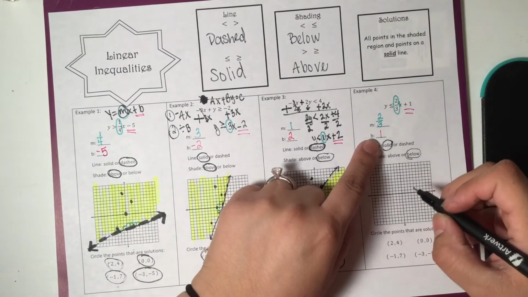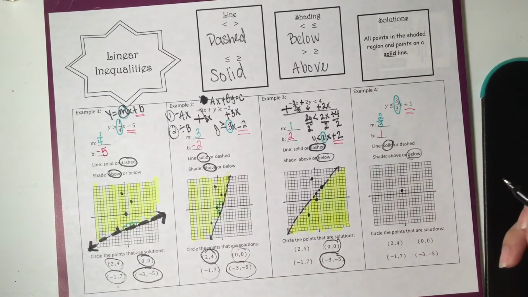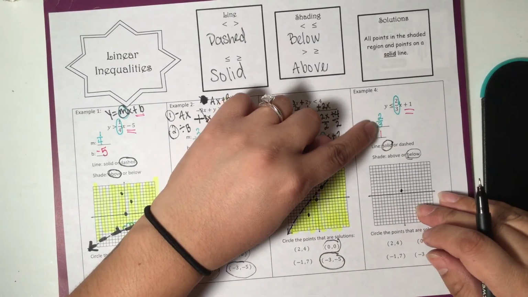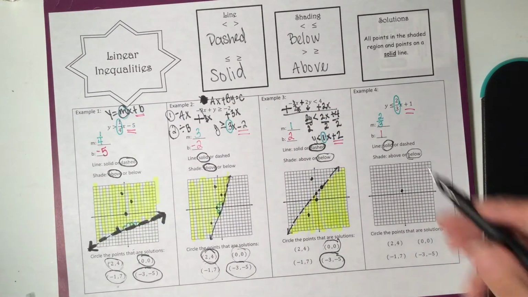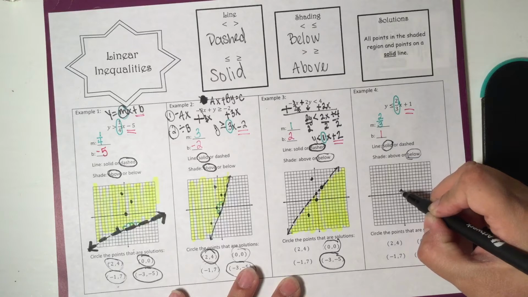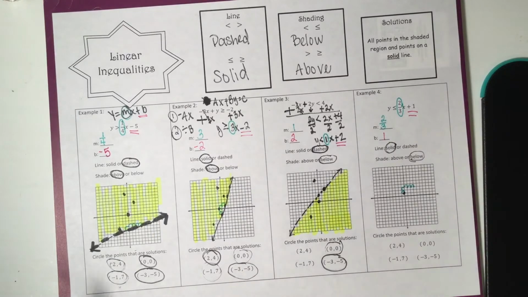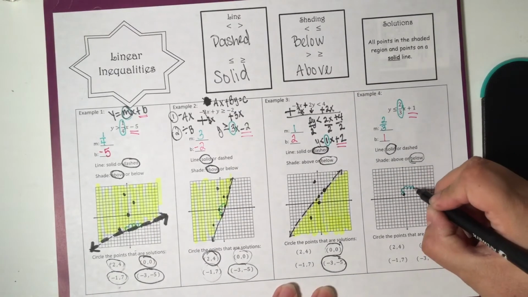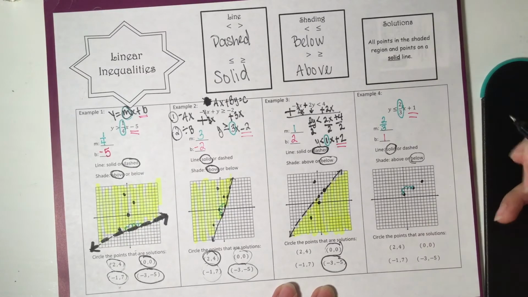So, B stands for beginning, begin at 1. And then my slope is 2/3, rise over run. So, rise 2, and run 1, 2, 3. Rise 2, run 1, 2, 3.